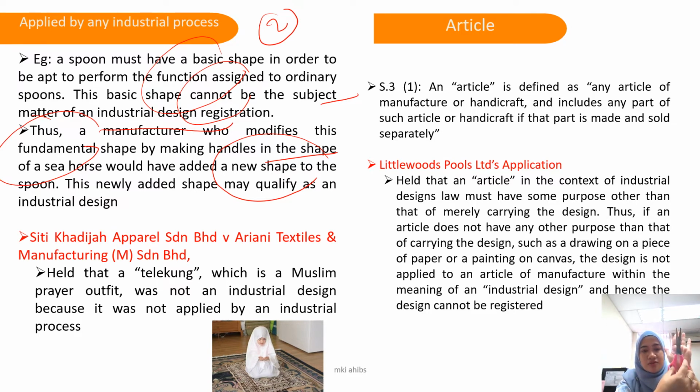No, it cannot, because it doesn't have any industrial process. How do you know that there is industrial process or not towards this scissor? You add a new shape to this, then the newly added shape, that's what we call as the industrial design. We also may refer to the case of Siti Khadijah and Ariani Textiles, where what they want to protect is the telekung itself.